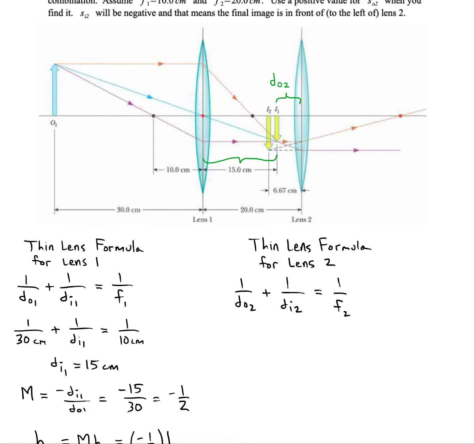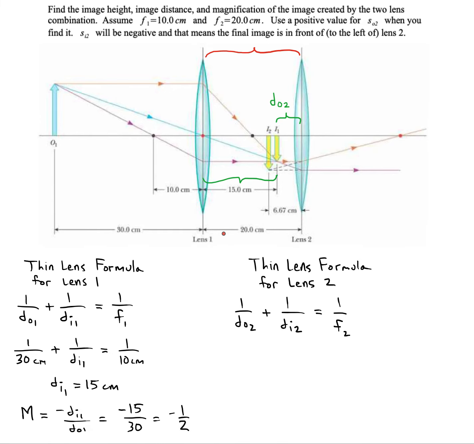That's what we need to find in order to know what the distance of object 2 is. In order to find it, we have to know how far apart the lenses are from each other. They say in the picture that they are 20 centimeters apart, and we know that the distance from lens 1 to the image is 15 centimeters. So the distance of image 1 plus the distance of object 2 has to equal the lens separation of 20 centimeters.